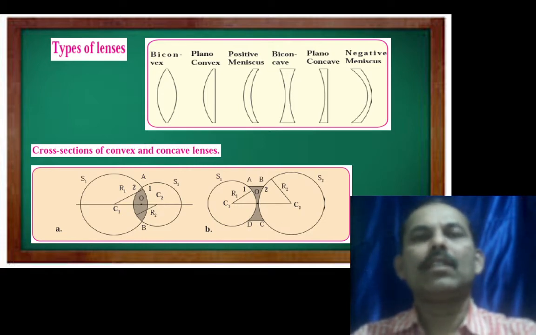We'll see the different concepts related to the convex and concave lens.